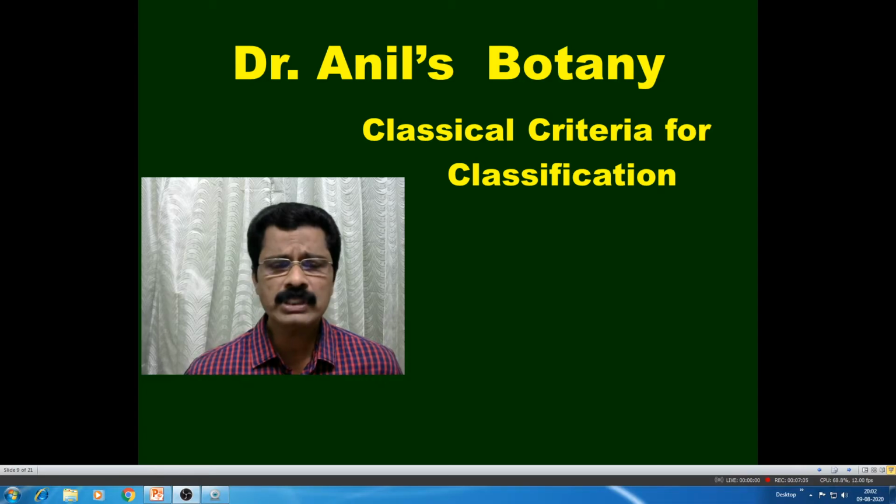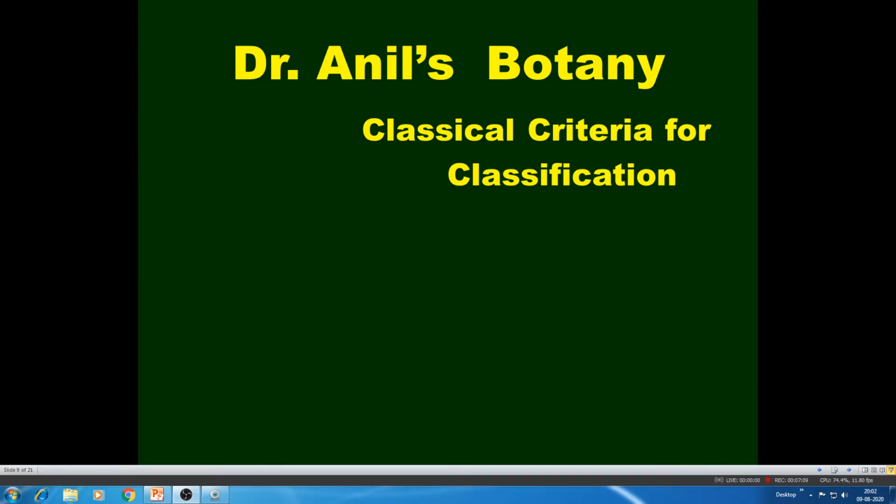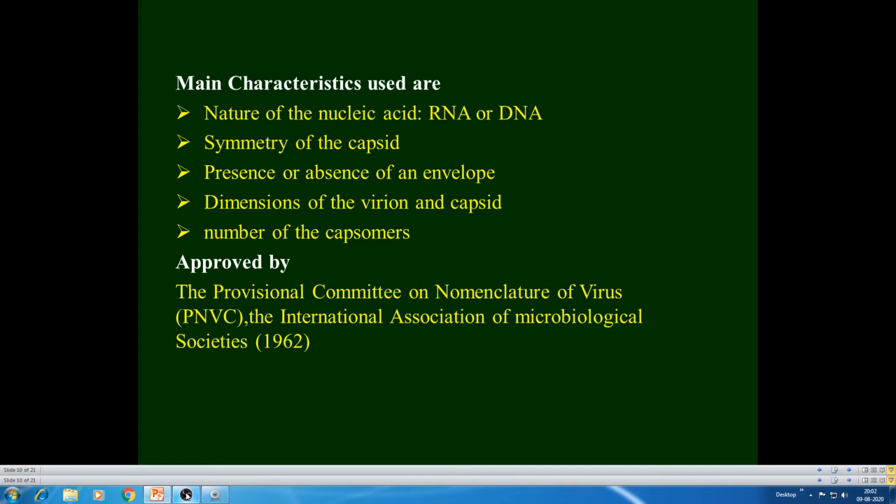But the most advanced type was proposed by the LHT system of classification. The main characteristics used are the nature of the nucleic acid, whether RNA or DNA, then symmetry of the capsid, presence or absence of an envelope, that is enveloped or naked viruses, and dimensions of the virion and capsid.